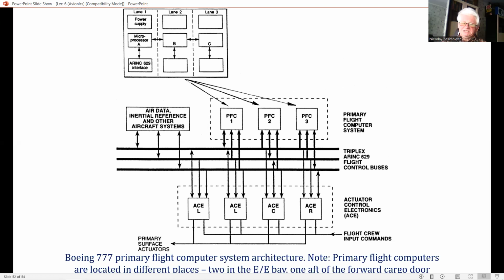At the heart of the system, there are three identical digital primary flight computers, PFCs. Each PFC forms a channel, so that the three separate PFCs provide three independent control channels in the primary flight control system.